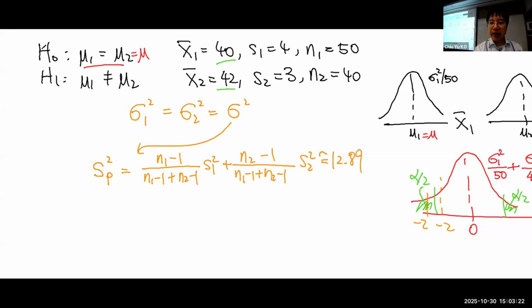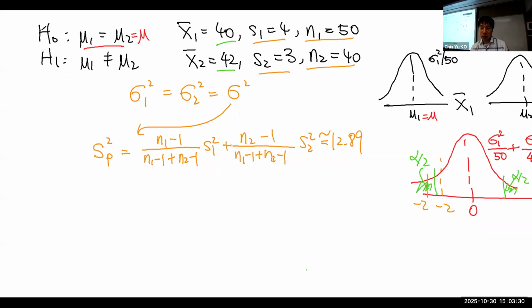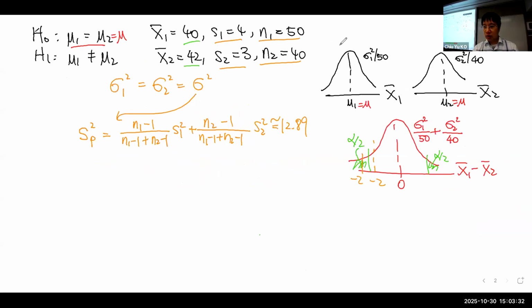Okay. And N1 is here, N2 is here, S1 is here, S2 is here. So just plug in all the numbers. Okay. Right? So once we know this, then we're done, right? Because this I can convert to T with N1 plus N2 minus 2 degrees of freedom, right?